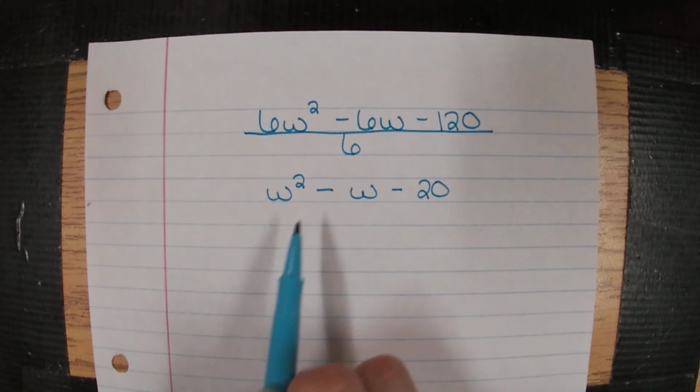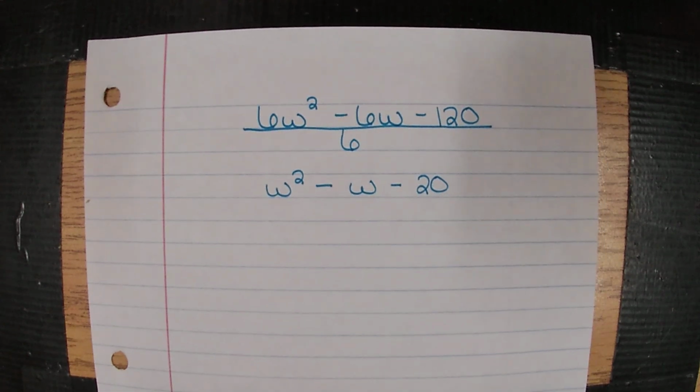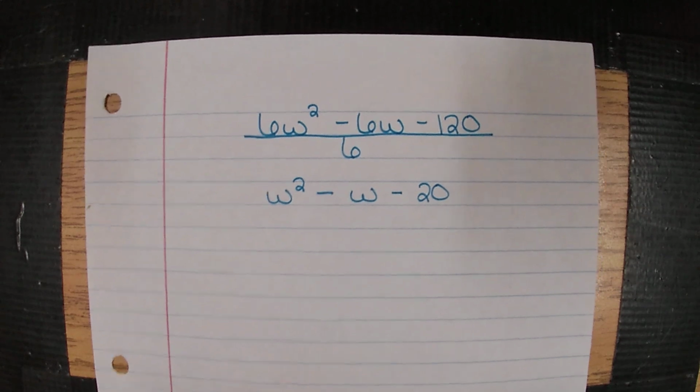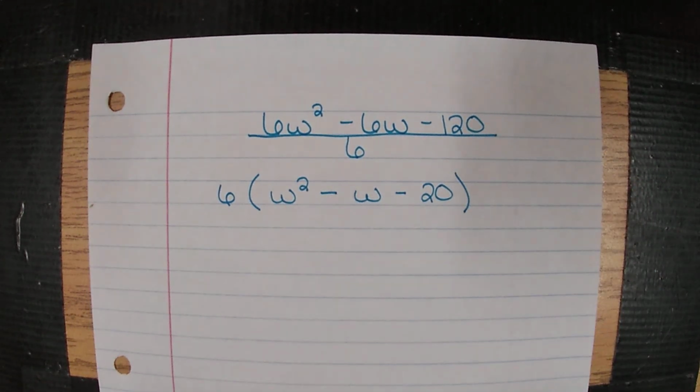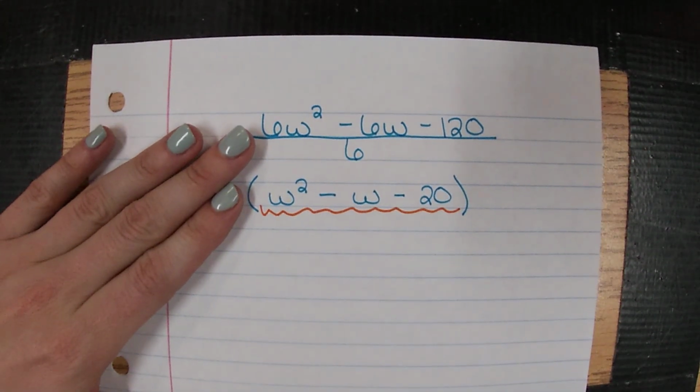W squared minus W minus 20. This GCF is still part of the answer, so where are we going to write that? All right, we need these parentheses and we need it out in front. Where are our eyes going to focus next? All right, we should be saying inside the parentheses, so we're looking here.